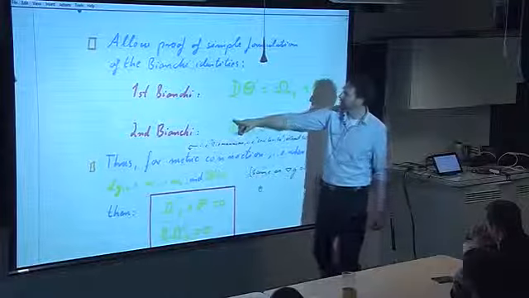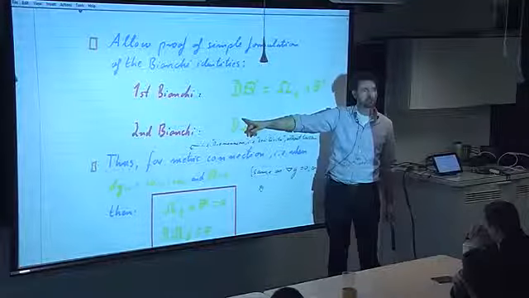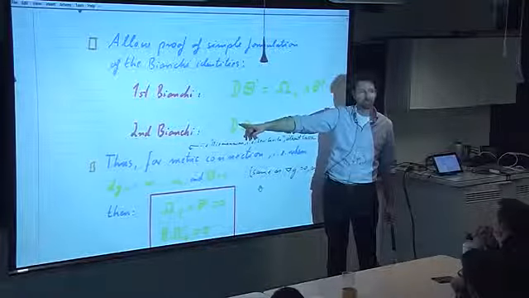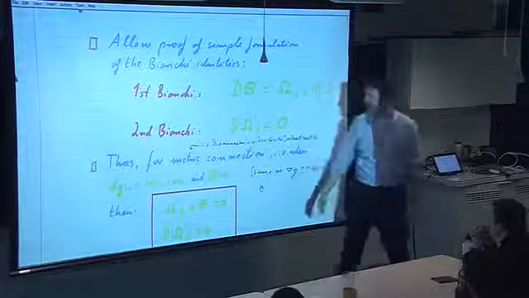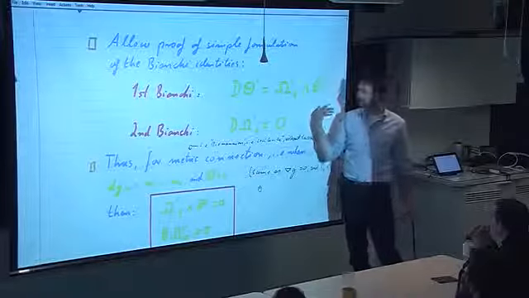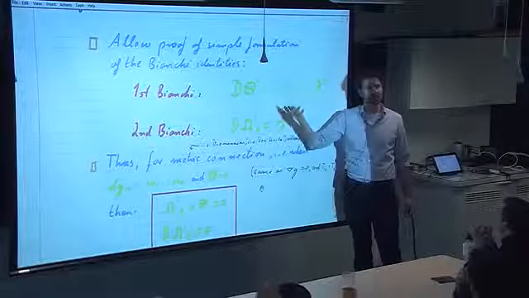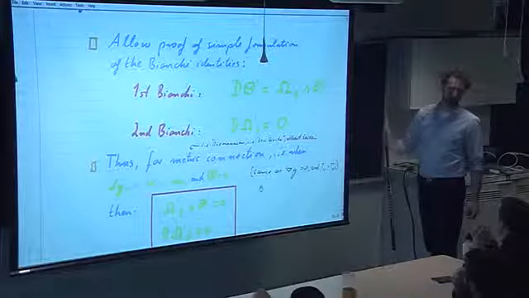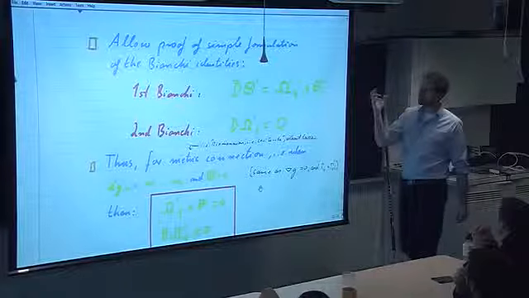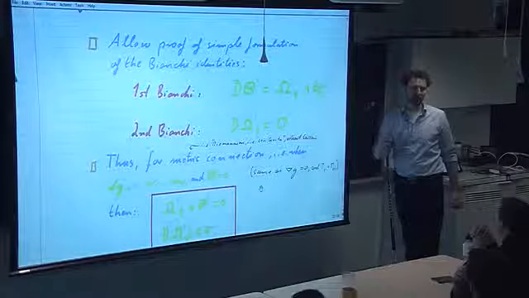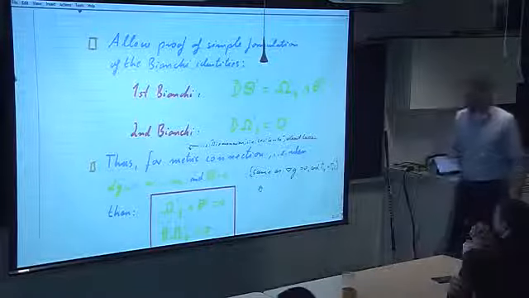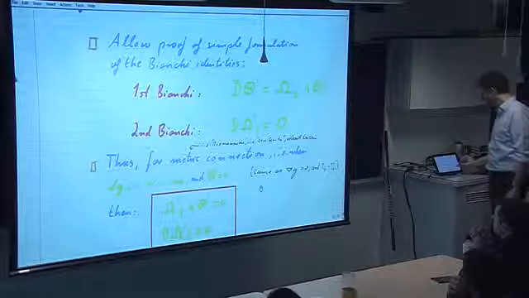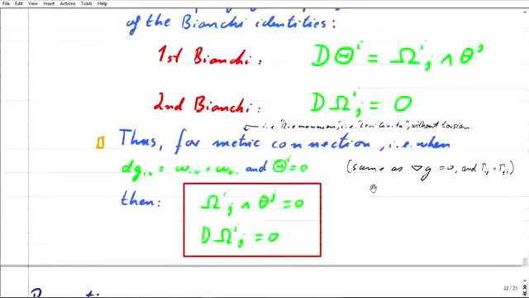It's not generally true that D squared is equal to 0. No, you don't even have that. So you don't have that if a tensor valued P form is the D of some other tensor valued P minus 1 form, that then the D of it is vanishing. The tensor valued part of it can screw that up, because you get extra terms from the covariant differentiation.